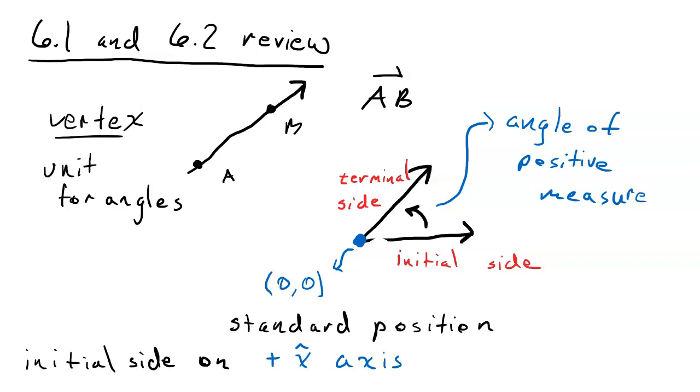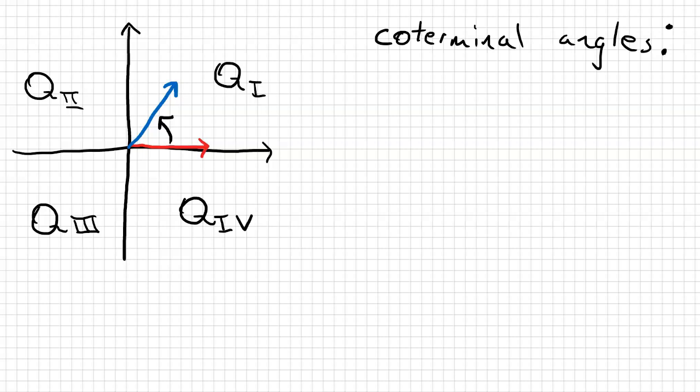One second. Okay, now that we've covered angles and their standard position, I've labeled the four quadrants on a coordinate plane, and I've drawn some angle with the red being the terminal side and the blue being the initial side. So coterminal angles, remember, are angles with the same terminal side, angles that share a terminal side.